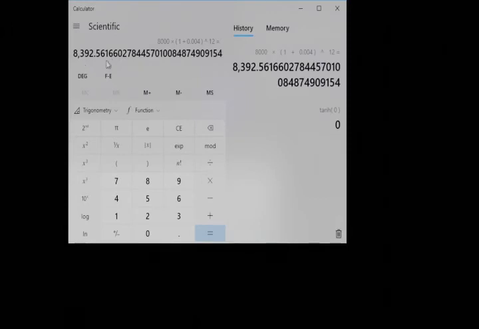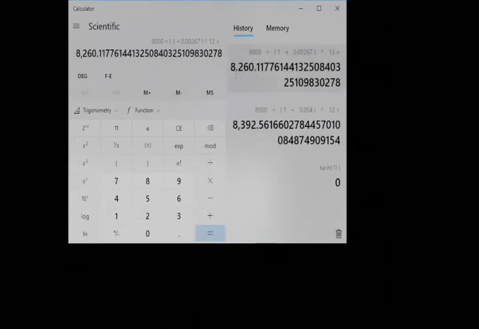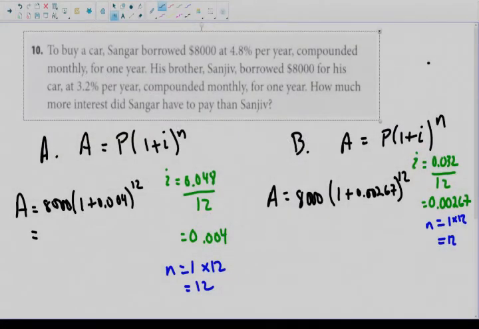And that gives 8,392.56. Now I'm just going to store that on the calculator. I'm going to do the other calculation right away as well. So 8,000 times bracket 1 plus 0.00267 bracket to the power of 12 as well. And we get 8,260.11 or 12. So 8,392.56 and 8,260.11 or 12. So let's go back to our smartboard. We'll write that in.